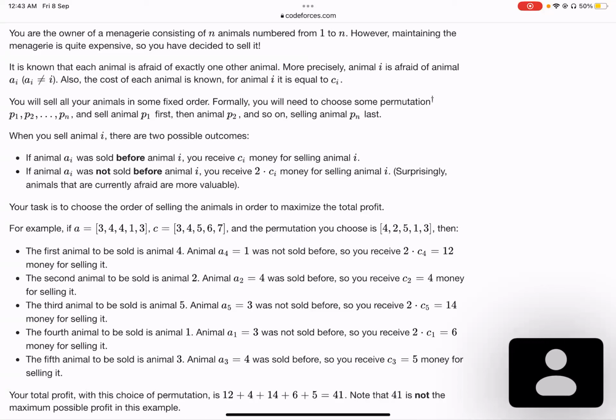But if you sell i before A_i, or you can say, while selling i, if A_i is already present and has not been sold yet, you will get double points. Now you need to find an arrangement such that you maximize the total coins earned.